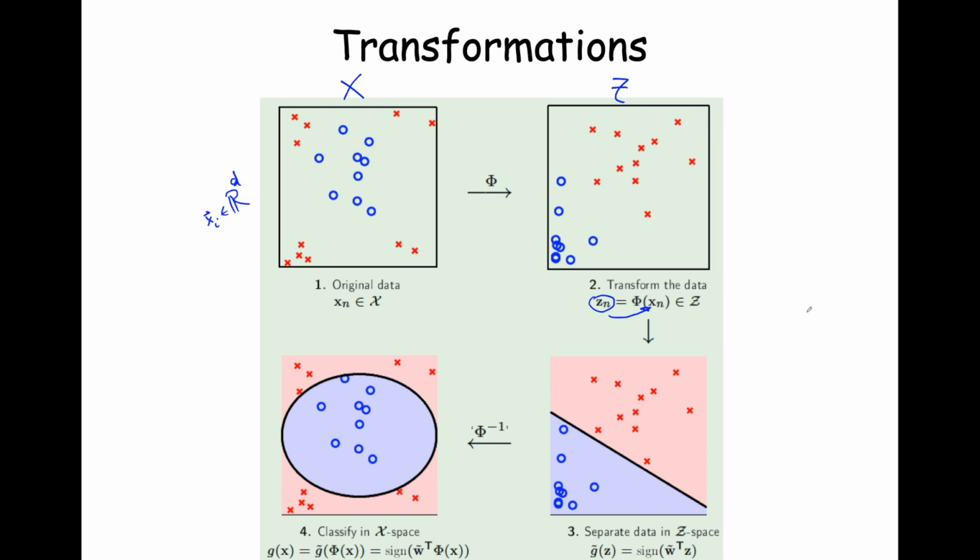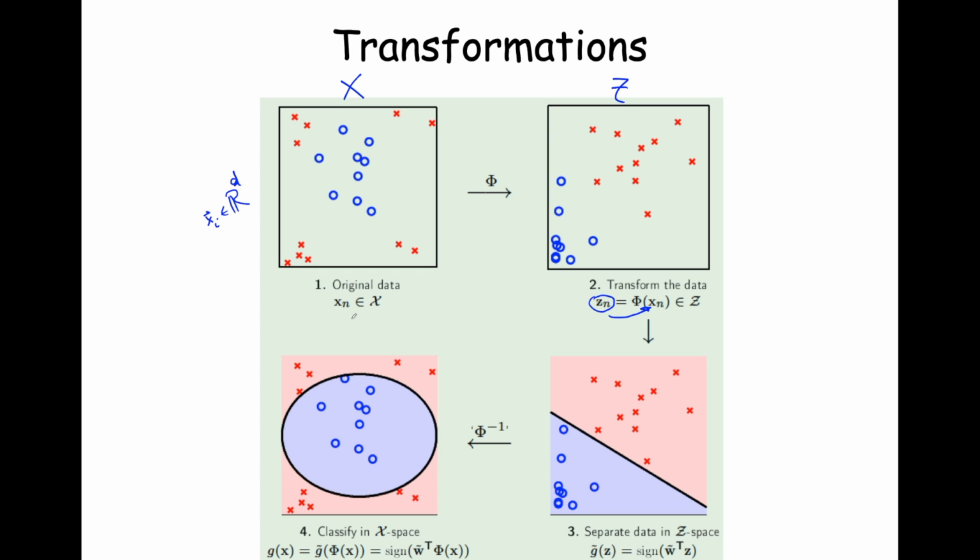And so if we have big N, many vectors, x1, x2, x3, x4, and so forth, through action of this phi function that's going to result in a Z1, a Z2, a Z3, and so forth. Corresponding to a particular data point, when we run that phi function over the data point, we have a resulting Z point in feature space.